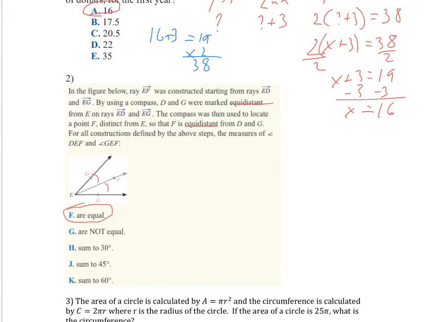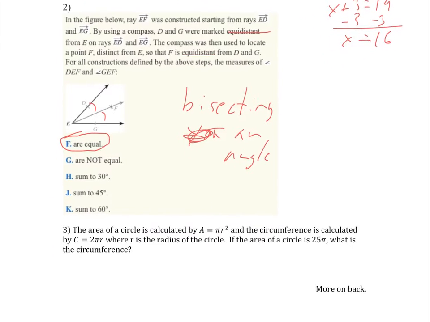But with all the words about equidistant, again, that's running through a process called bisecting an angle that hopefully you did at least one time back in geometry. I know it's been a while. Bisecting an angle. Probably some YouTube videos on that if you want to look it up.